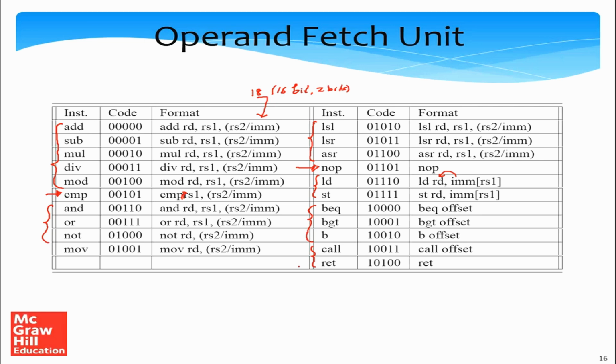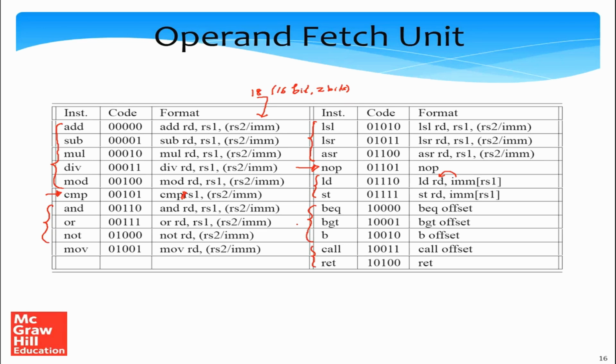So let me now add a word about why. For every instruction we assign it a code. So how many instructions do we have? We have 1, 2, 3, 4, 5, 6, 7, 8, 9, 10, 11. This is nop. We have 21 instructions. So we have 21 codes for the different instructions.